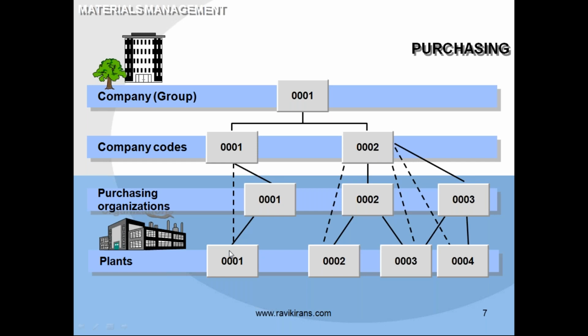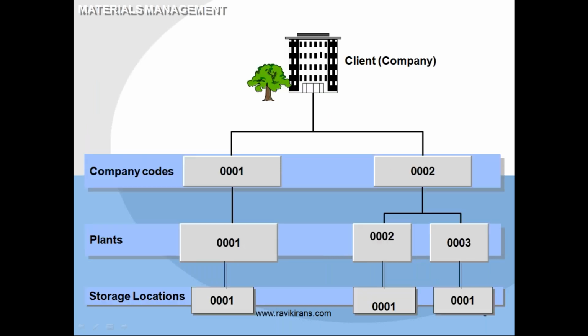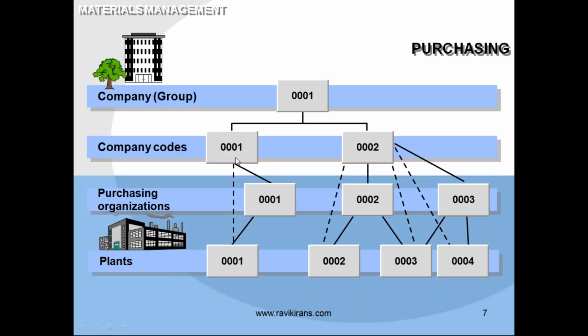A dotted line is nothing but the plant already being associated with the company code, if you see the previous slide. That means it is already linked, so I don't need to assign them separately here.